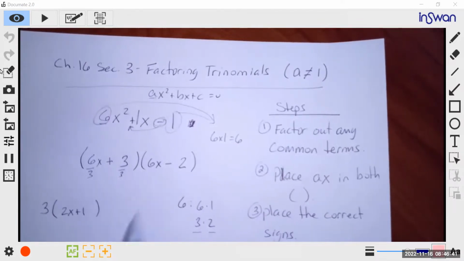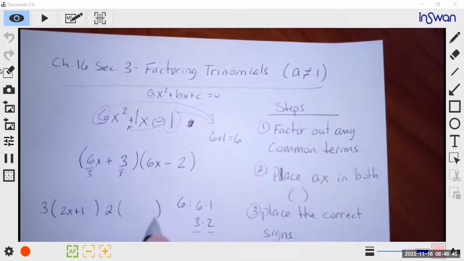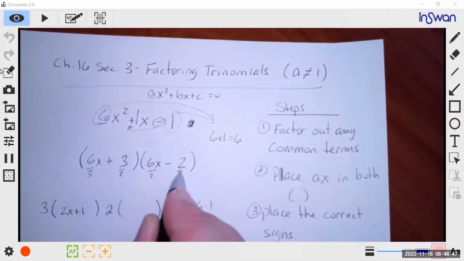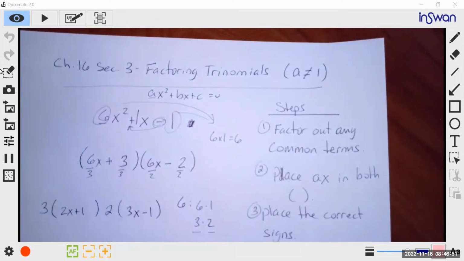What can I factor out of the second one? Since I factor out a 2, I divide both of those. I got a 3x minus 1. Is everybody okay with what I'm doing so far?